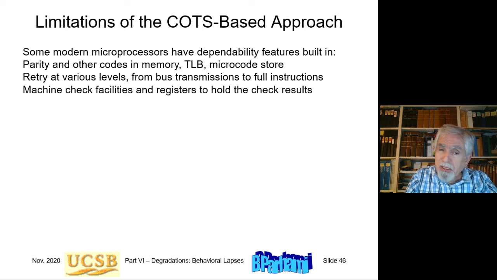A retry capability is often provided. So when an instruction is executed and for some reason the system detects that the instruction was not executed correctly, they have retry capabilities and so on. So there are some things that are built in and may be useful, but you have little control over them.